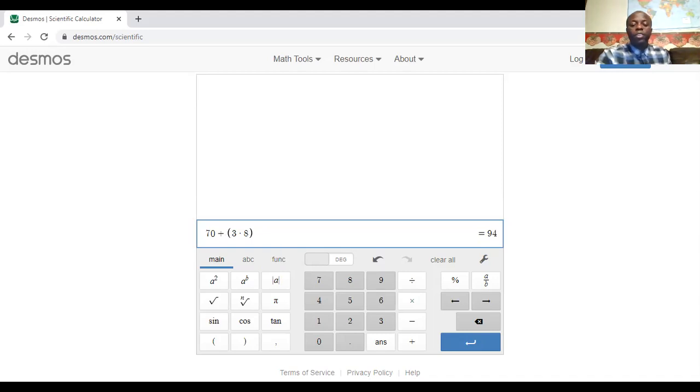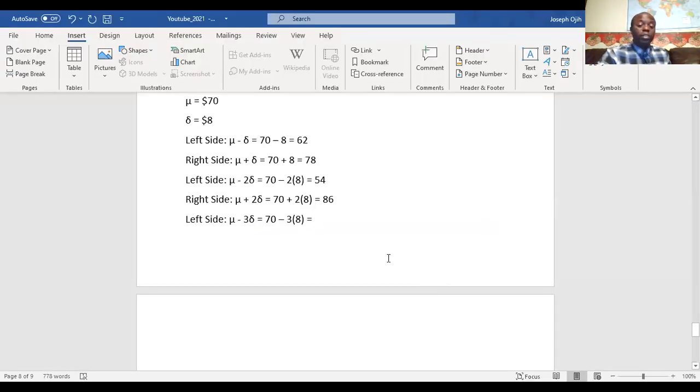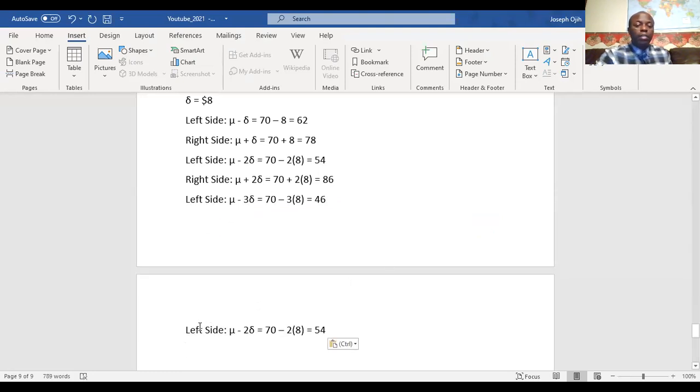So let's go back to our work and finish it. We're almost done. For this one, we have 46. If we do the same thing for the right side this time, and change this to plus 3 standard deviations, as you can see from what we got from the decimals, this will give us 94.